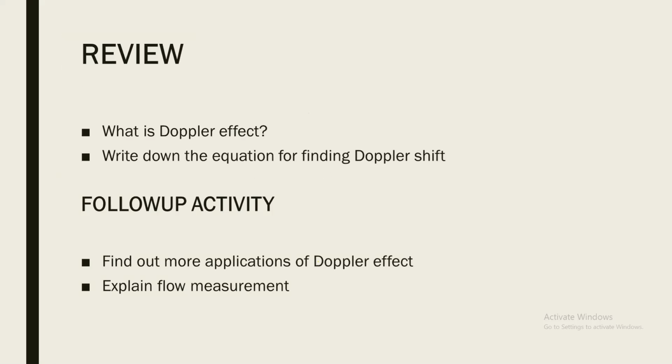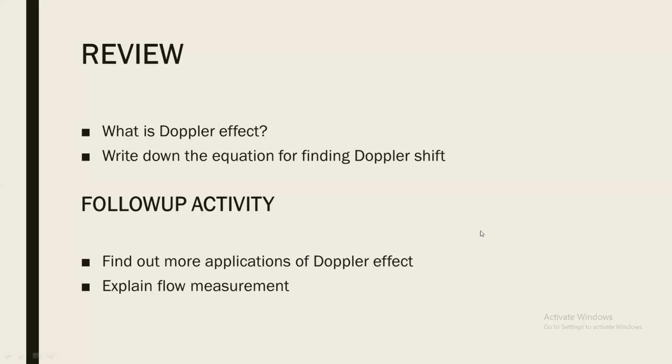The first question is, what is Doppler effect? We all discussed the answer. The next question is, write down the equation for finding Doppler shift. We have discussed different situations for Doppler shift, so you can write the different equations for the different situations we calculated.